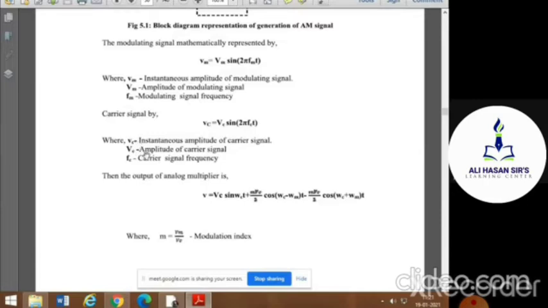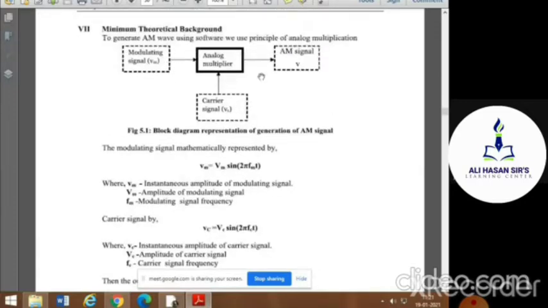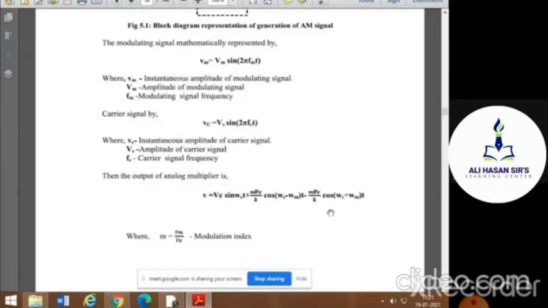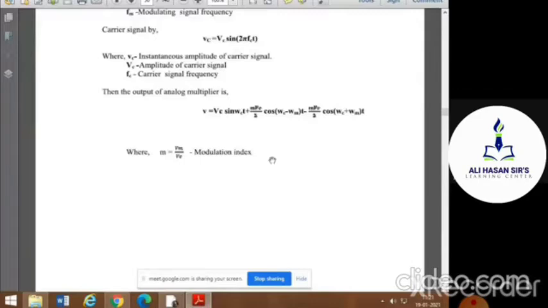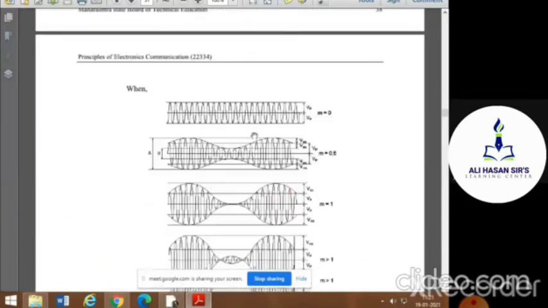The output of the analog multiplier is given as v equal to Vc sine omega c t plus m Vc upon 2 cos (omega c minus omega m) t minus m Vc by 2 cos (omega c plus omega m) t. And the modulation index is given as m equal to Vm upon Vc.